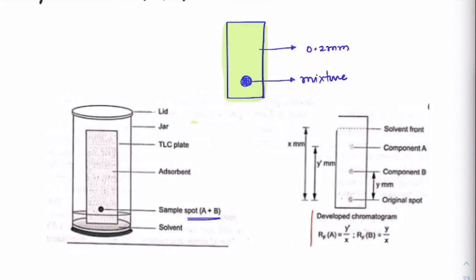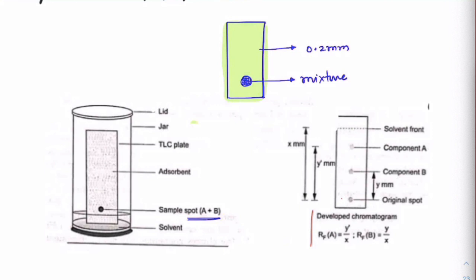And then we will take this TLC plate, which is thin layer chromatography plate, and place it in the solvent. Got it? We can take any solvent, maybe alcohol or water.